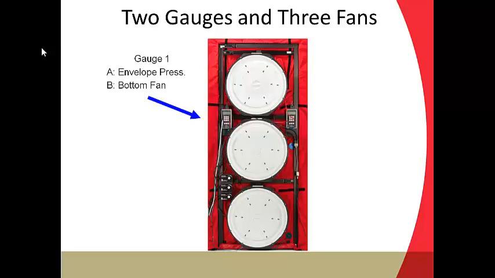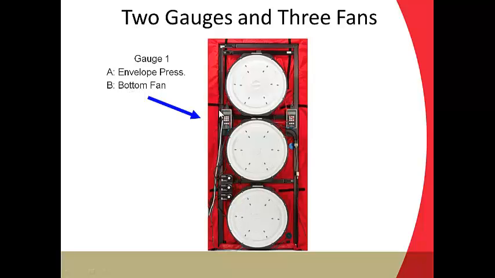So you record the serial number and the way each channel is set up. So gauge number 1, we're using like we would if it was a single fan test. So channel A is our envelope pressure, our house-to-outside pressure, and channel B is our bottom fan.